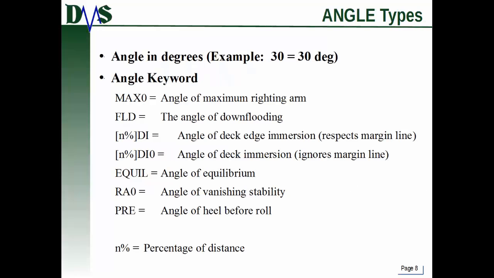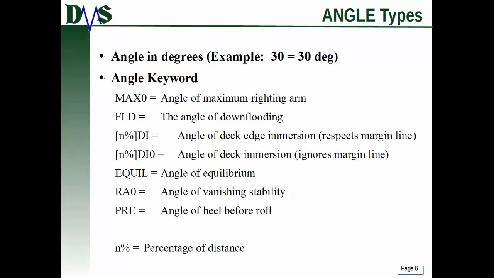Right, let's talk about angle types. First off, you have to know that you're specifying the angle in degrees. So when you type 30, it's 30 degrees. It doesn't always have to be an actual number when you type in that angle.